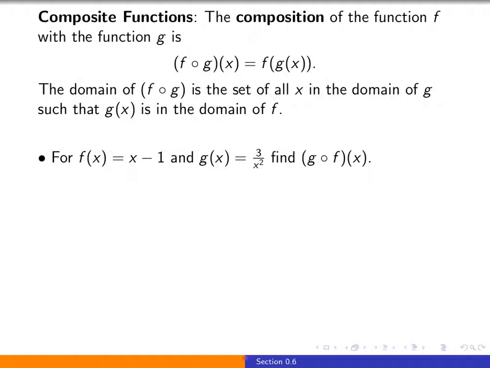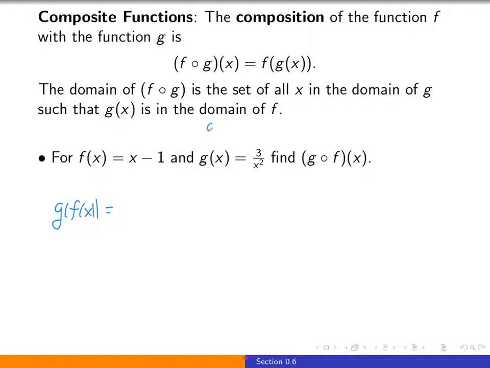So in this first example, we're given the functions f and g, and we would like to find g of f of x. So we want to take the function f of x and plug it into the function g.